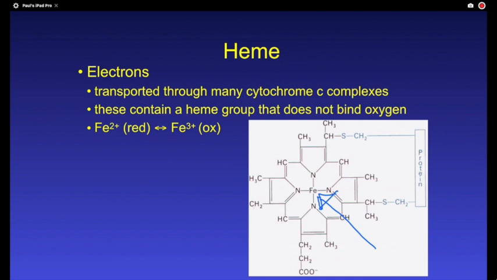When was the last time we saw heme? What protein? Hemoglobin, yeah. And hemoglobin is where oxygen bound, and oxygen bound right at that iron. And the iron had a histidine in front and a histidine in back of it, and one of the histidines was in the way, and oxygen can only bind at an angle.